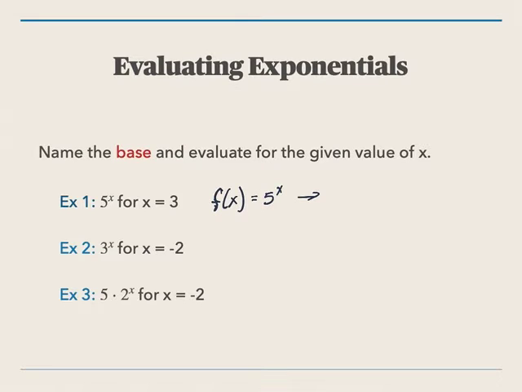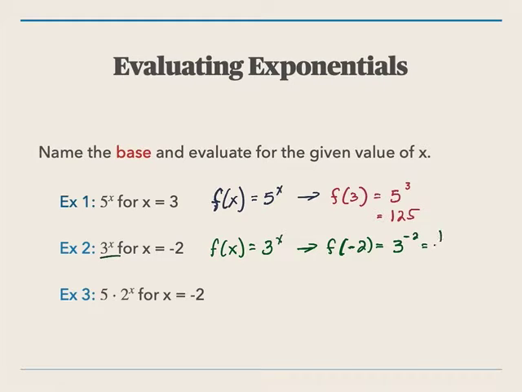This is basically asking what is f of 3, and so that is 5 to the third power, or 125. Here I'm going to call f of x 3 to the x power, and they want us to find f of negative 2. Our base here is 3 with exponent negative 2. That's 1 over 3 squared, so 1/9.